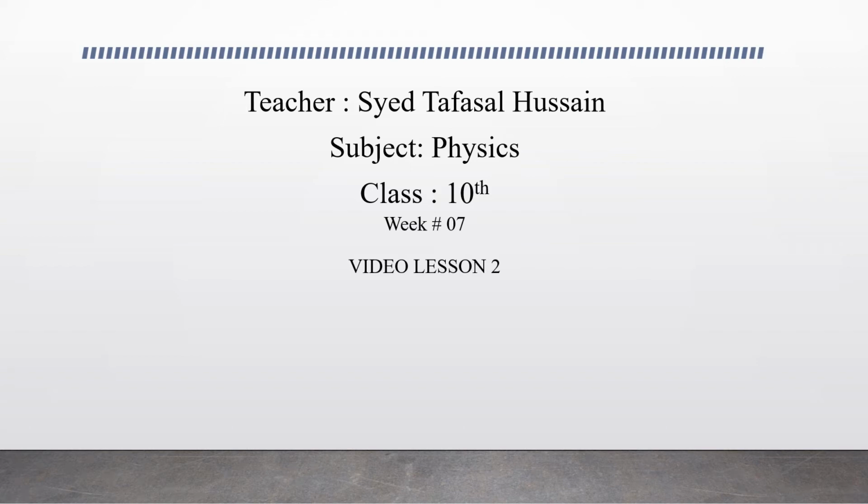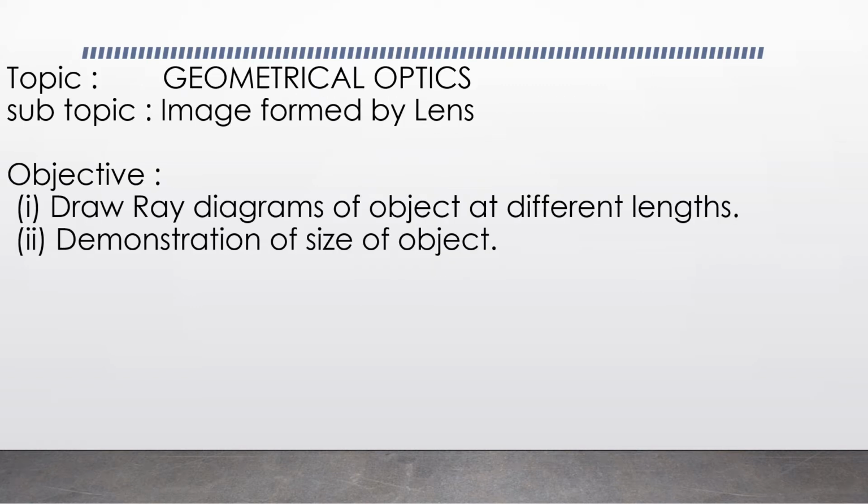I am your physics teacher, and in our video lesson 2, students, we will discuss many things about geometrical optics. You all have studied the lens in previous lectures. We all know that a lens is an instrument which is used to refract light.